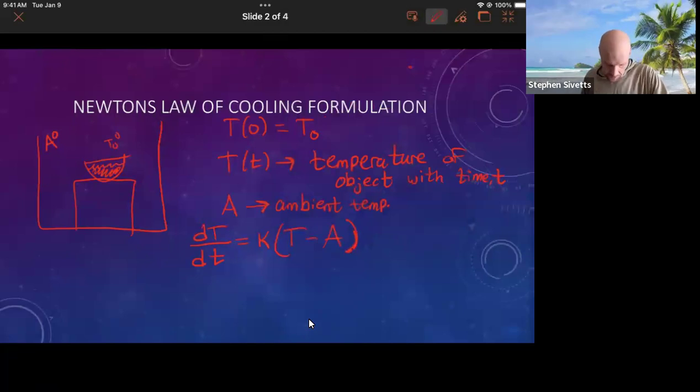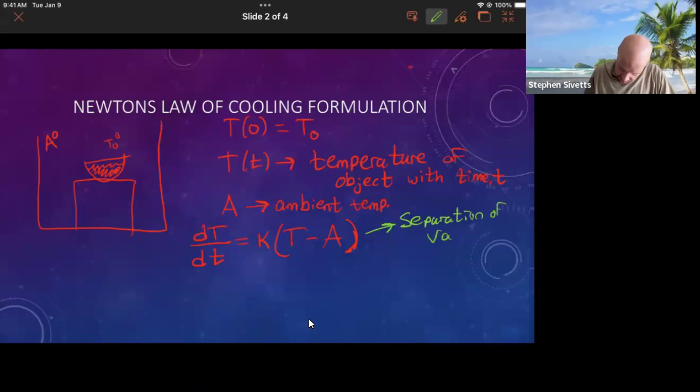That's what I meant. So this is just saying that the rate of change of the temperature is directly proportional to the difference of the current temperature of the bowl minus the constant ambient temperature. From here, we can use separation of variables to solve this equation.